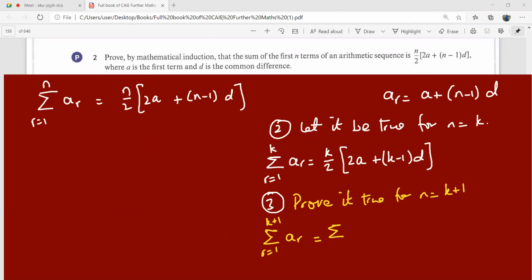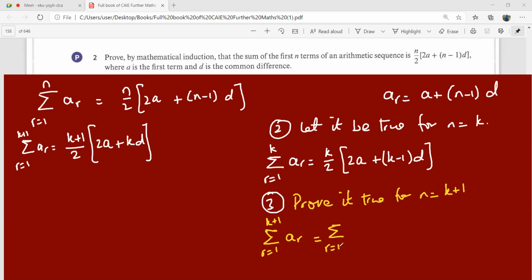You have to basically prove that the sum from r equal to 1 to k plus 1 of a_r should be something like this: (k plus 1) over 2 into (2a plus, when you change n with k plus 1, k times d). If we are able to show this, then it means we have proved this through induction. So coming back to this step here, the sum from 1 to k plus 1.